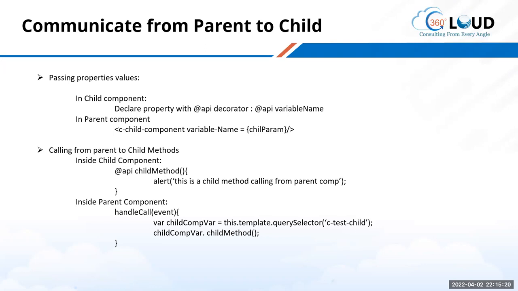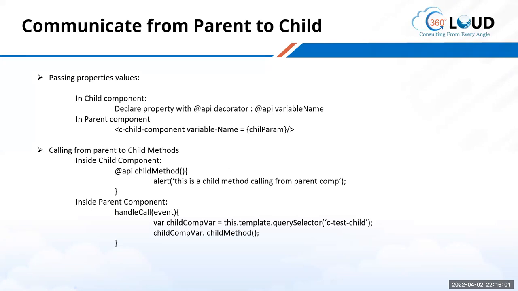I don't know about that particularly because I haven't used it that deeply, but we can pass parameters from parent to child, and then child to grandchild. If we want to pass parameters from parent to grandchild, we first pass a parameter from parent to child, and then this child becomes the parent and the grandchild becomes the child. This way we can communicate inside the hierarchy.